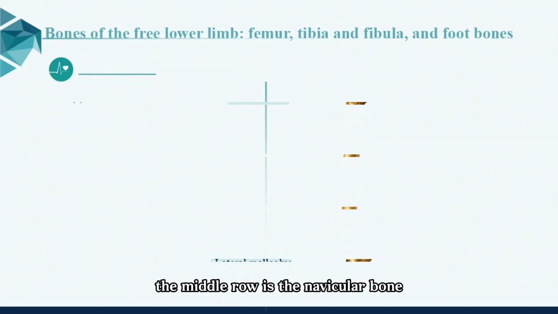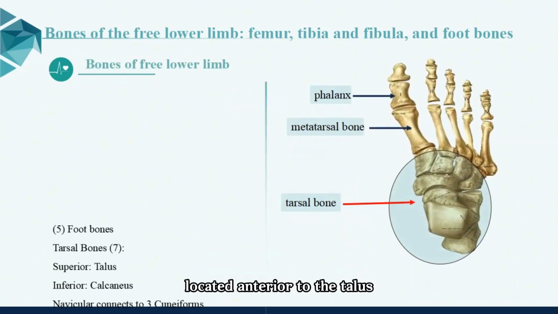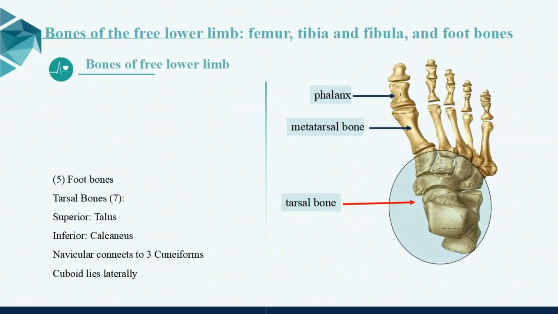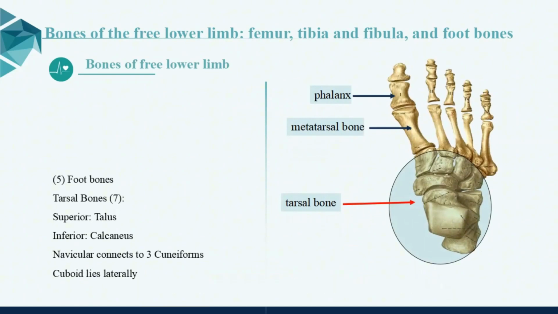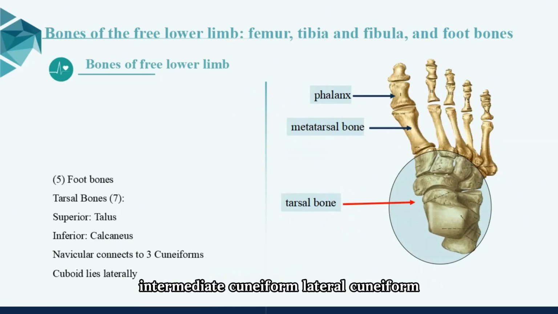The middle row is the navicular bone, located anterior to the talus. The anterior row consists of the medial cuneiform, intermediate cuneiform, lateral cuneiform, and the cuboid bone anterior to the calcaneus. The tarsal bones account for nearly half the length of the foot, an adaptation for support and weight-bearing.